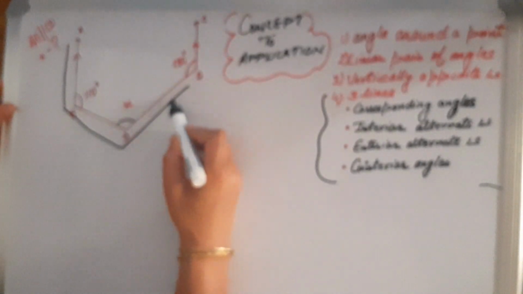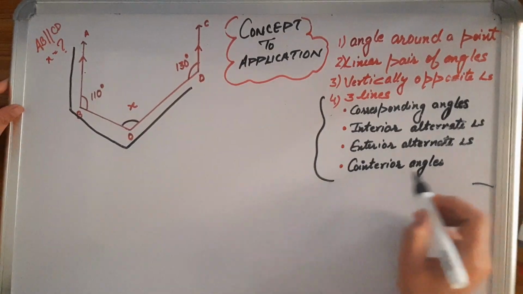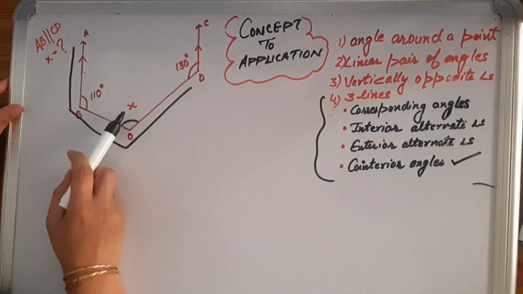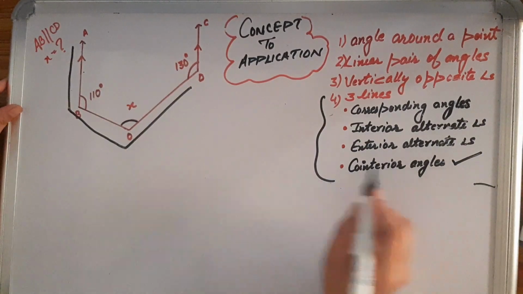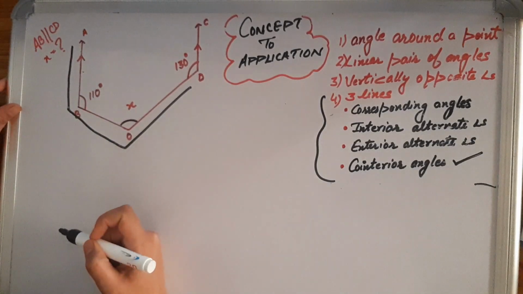I have basically highlighted the arms. They are making a U. Yes, they are co-interior angles as they are making a U. That means their sum is going to be 180 degrees, because co-interior angles have the property that their sum is 180 degrees. Is it going to be 180 degrees? No, because the uncommon arms are not parallel.